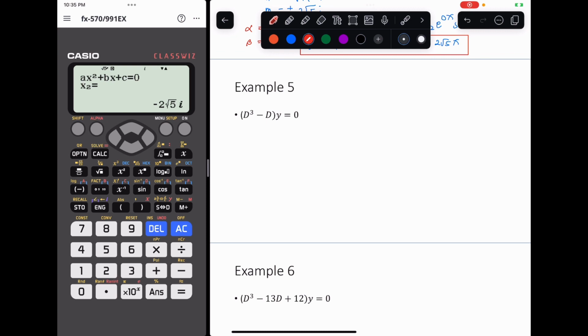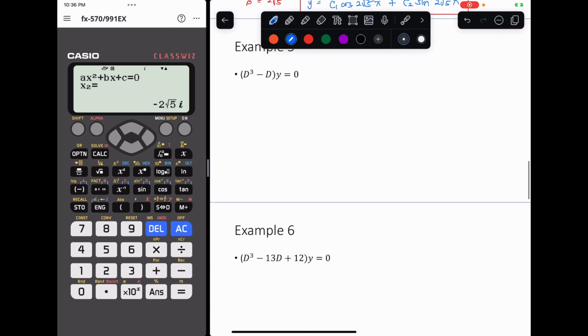To solve this one, since this is already a cube, we cannot use our relation to right away classify the roots. So we just need to find the roots, and then from there, we write our solution.